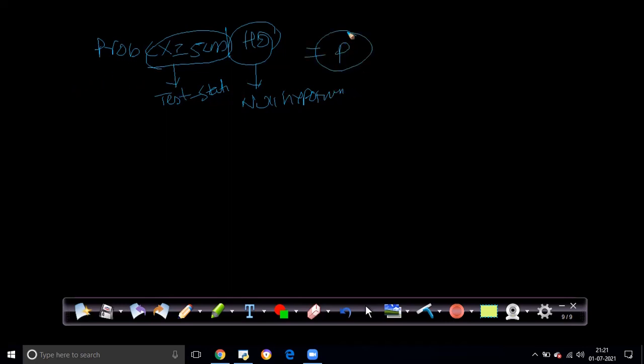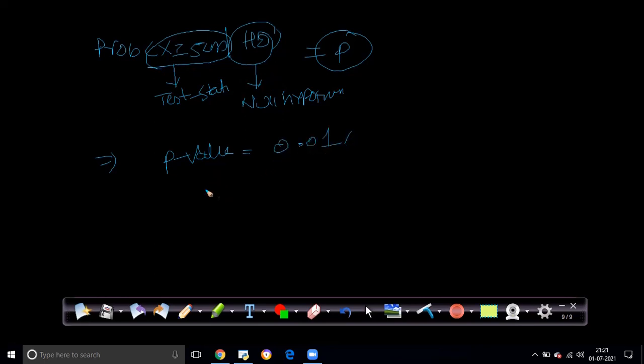P-value is nothing but the probability value. Let's say my p-value is very small. Let's say I got my p-value with the test statistic along with the given null hypothesis as just 0.01%.